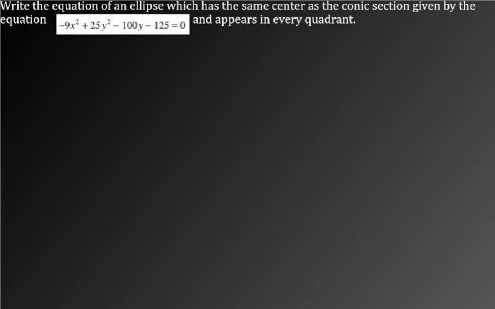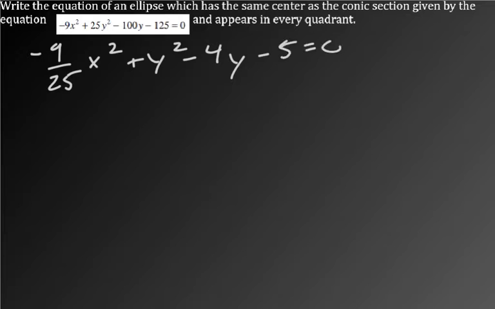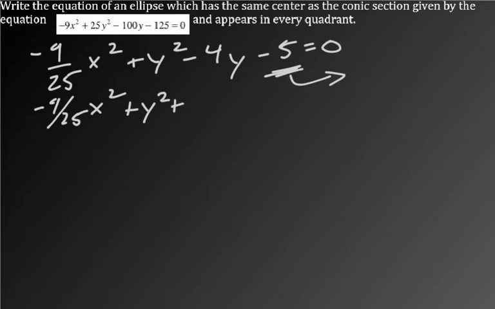So if I divide by 25, right, I'll have that. And then I'll have y squared minus 4y, and then 125 divided by 25 is 5. And so remember, we don't really need this 5. We can move that over. And so we're basically just going to need to complete the square on the y stuff. So we're going to fill something in there.